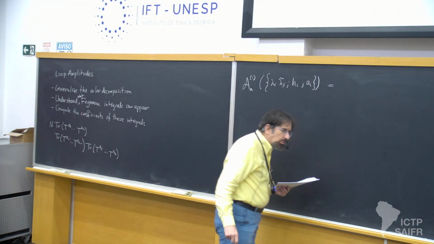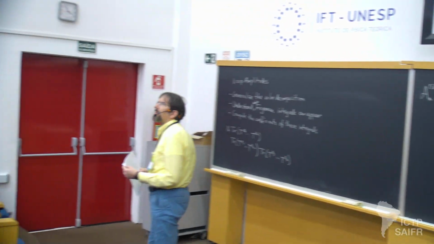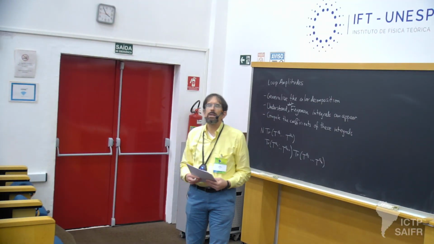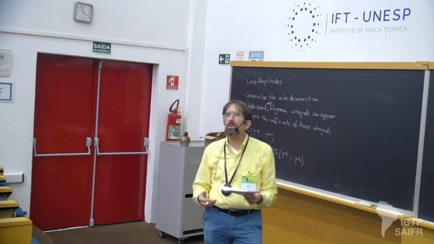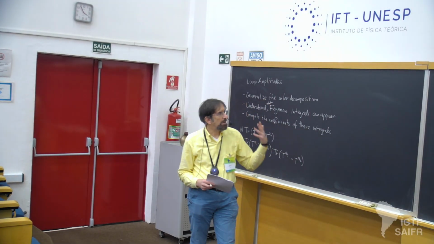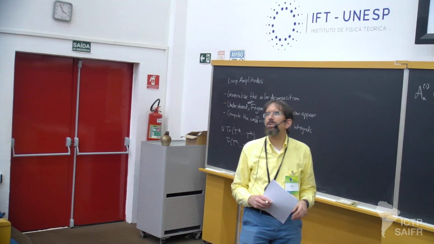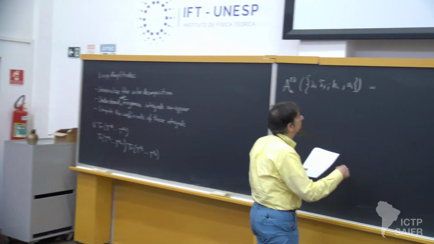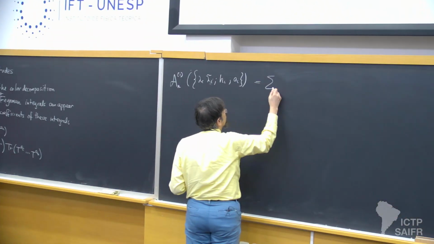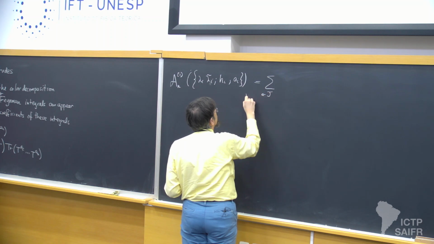So at tree level, even if our theory contains matter fields, then the internal lines have to be gluons if all the external legs are gluons. Here, if the theory does contain other matter fields, even if all the external legs are gluons, there can still be other particles circulating around in the loop, so we have to sum over the kinds of particles that can circulate in the loops.